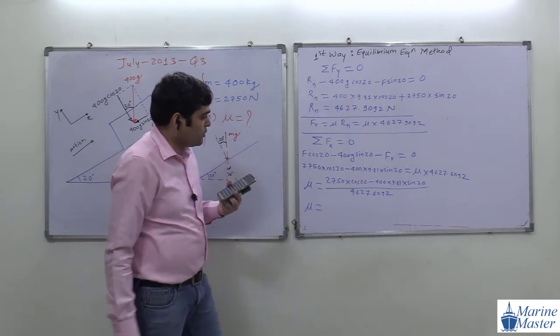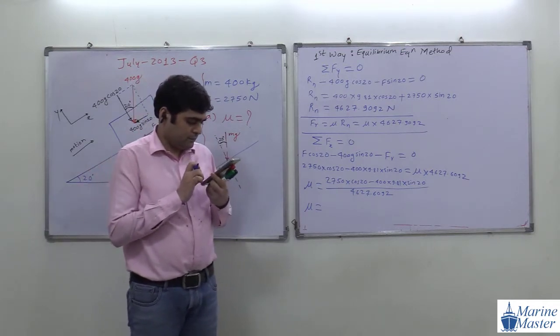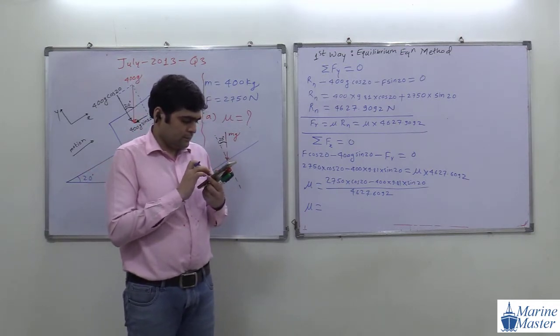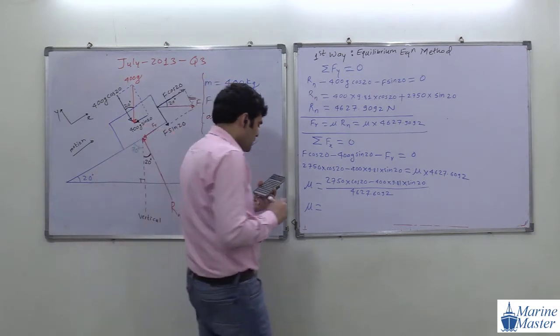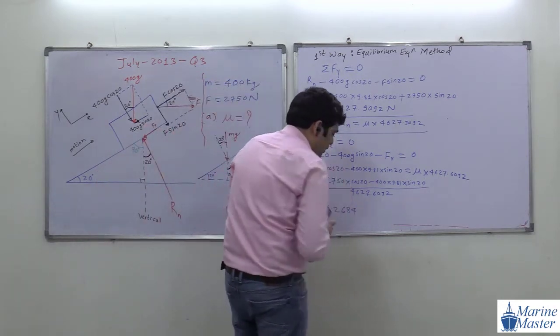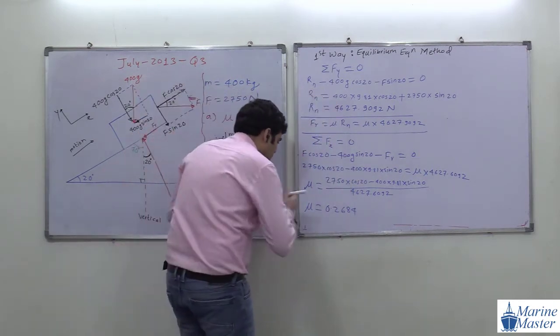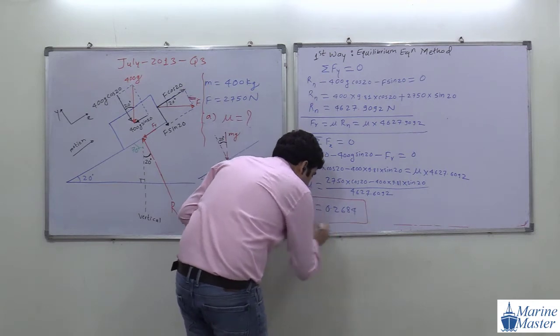No, wrong. So the value of mu is 0.2684. What will be the unit of mu? Coefficient of friction has no unit.